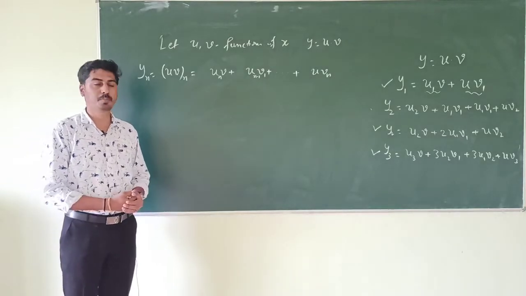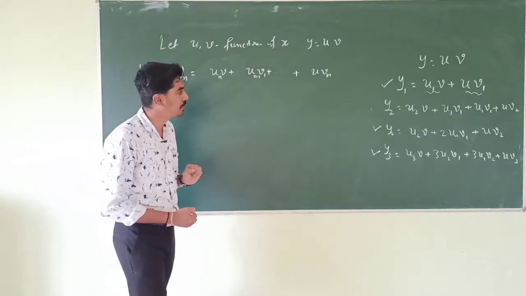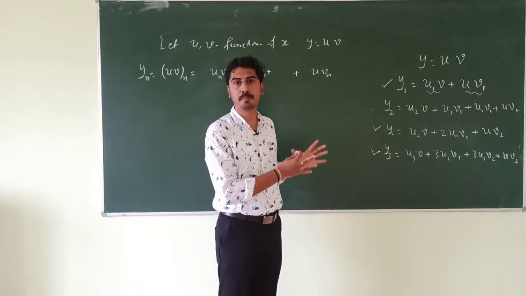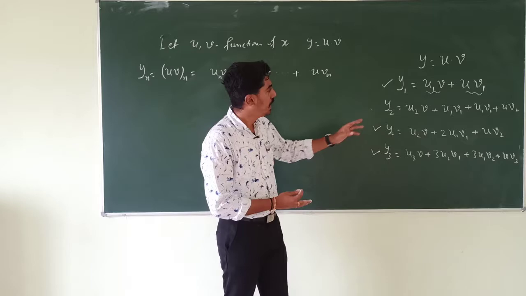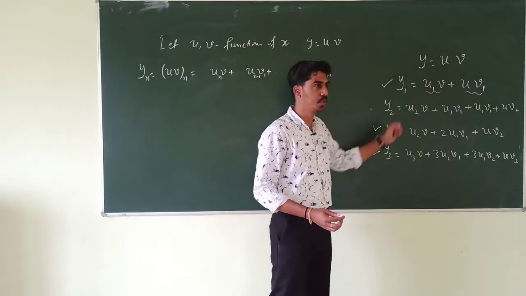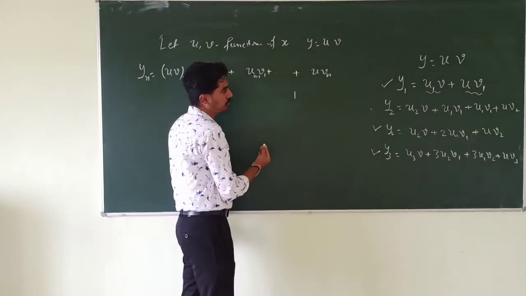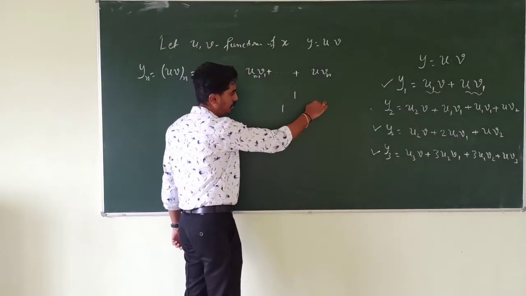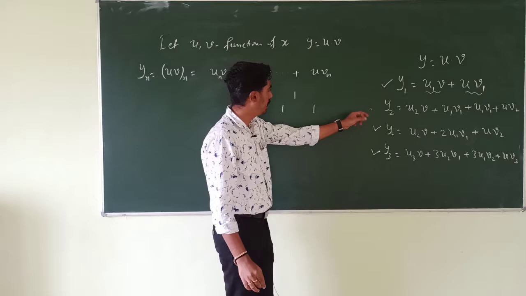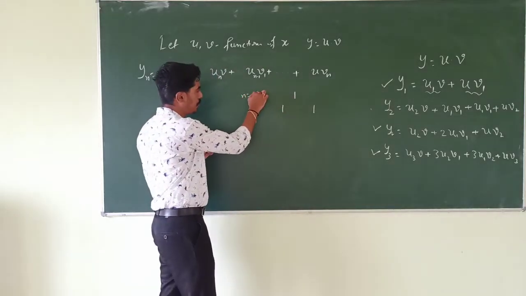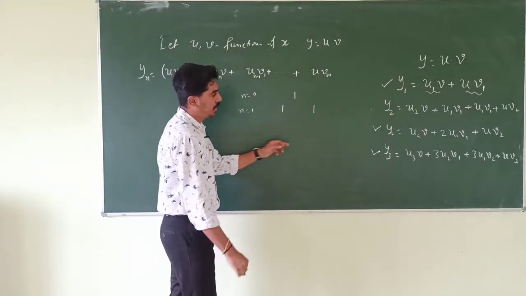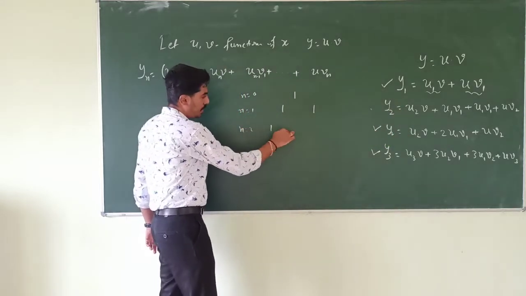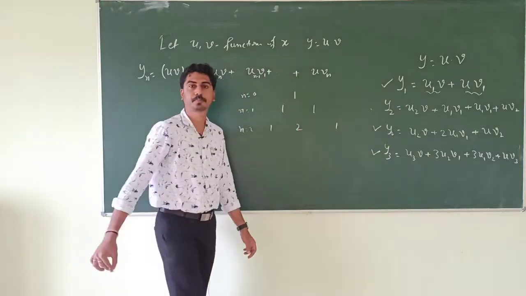Okay, now let us come to the coefficients. If you observe the coefficients here, we get a beautiful pattern. Here I have only 1, the coefficient is 1. Here we have 1 and 1. This is for n equal to 0, this is for n equal to 1, this is for n equal to 2: 1, 2, 1.